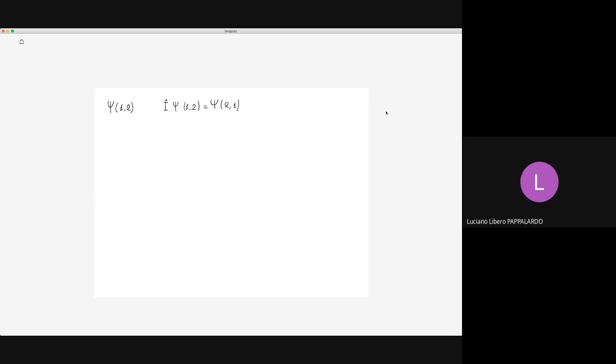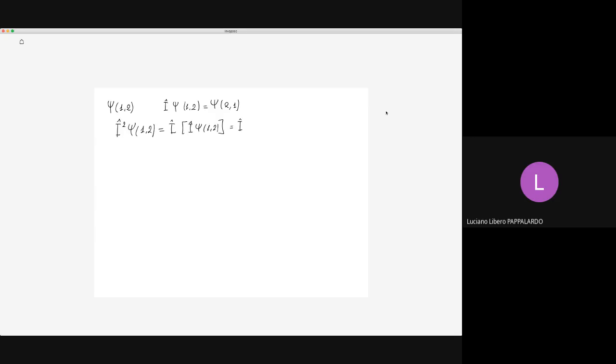Now, clearly, if you apply twice the exchange operator, you must recover the original wave function. So let's now apply the squared exchange operator over our wave function. So this is equivalent to applying I to I applied to psi(1,2). So let's first solve the parentheses.